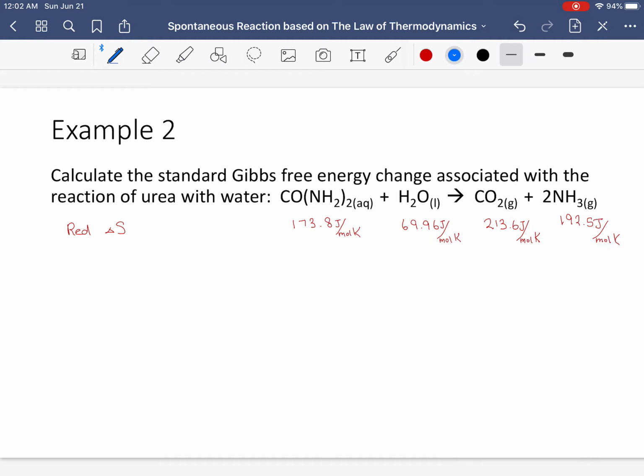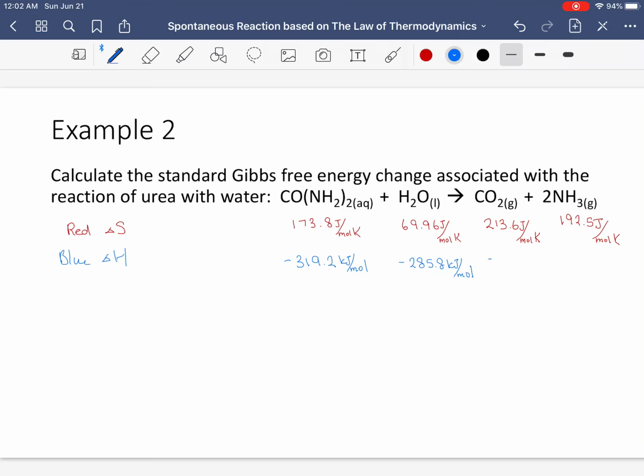My gosh. Blue is delta H. Delta H for urea is actually an exothermic thing. Water. Okay.